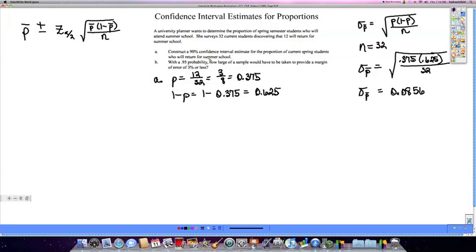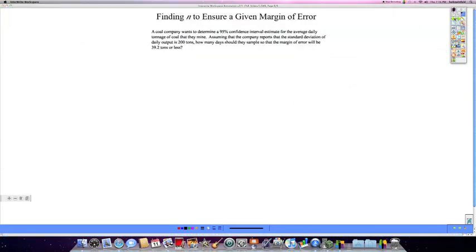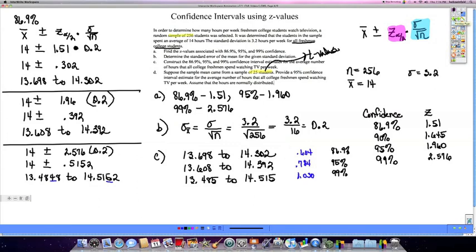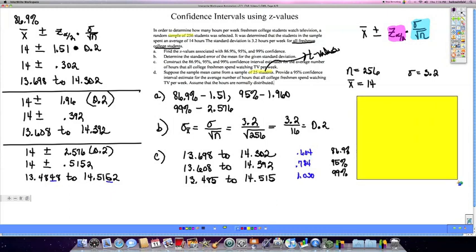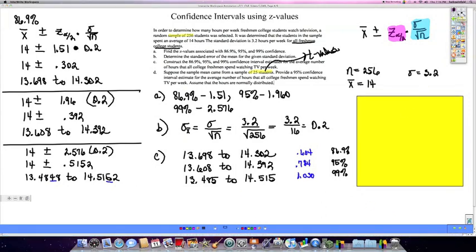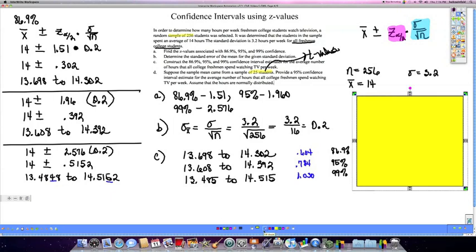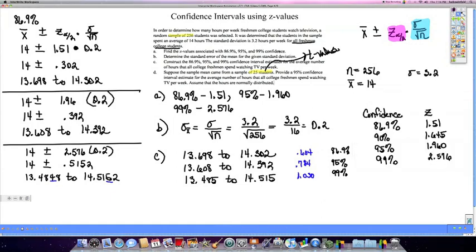Now, for a 90% confidence interval, we can just go back to the z-scores that we already know. This is why I had suggested making some sort of a table that you can refer back to when needed.